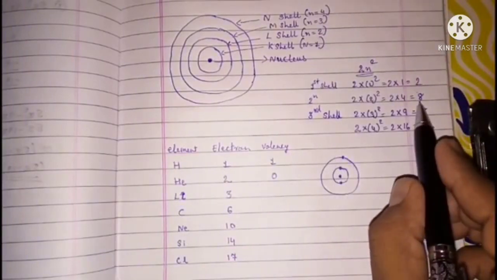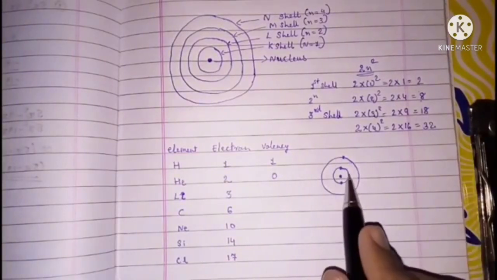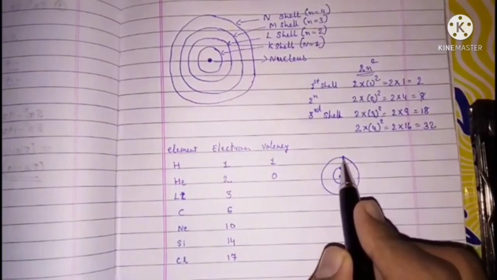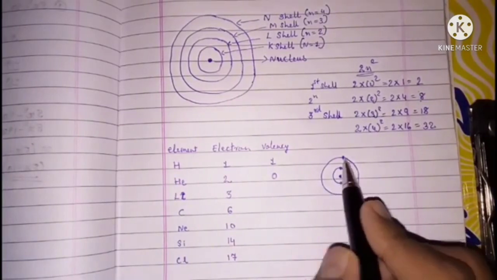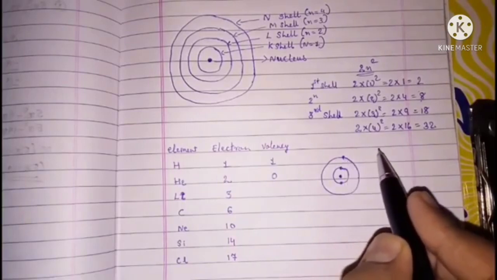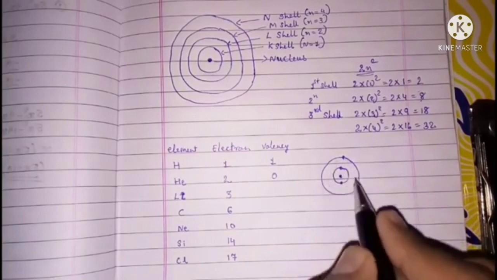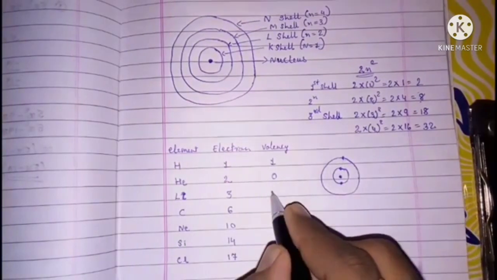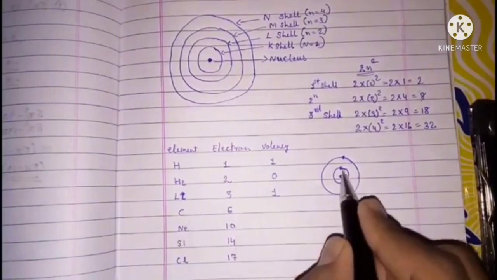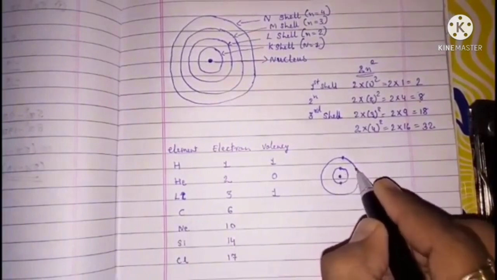So the additional electron will be placed in the second orbit. Now, in the second orbit, how many electrons have to be there? 8. But how many are there? Only 1.